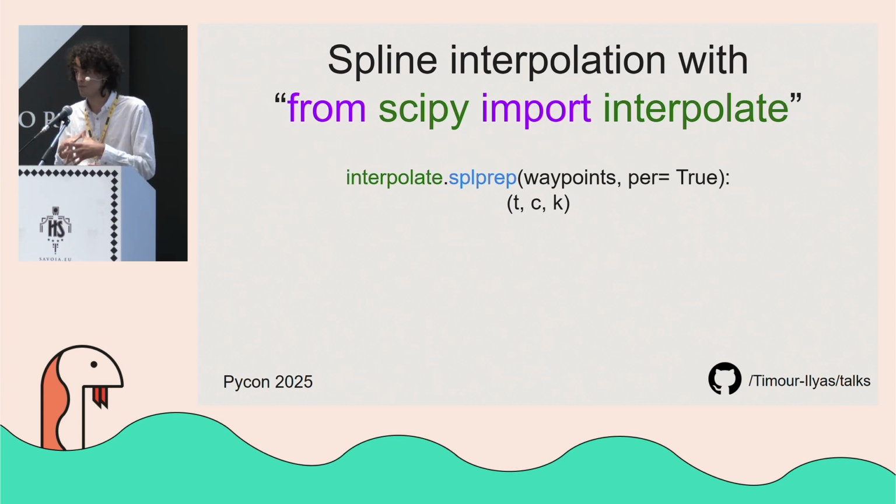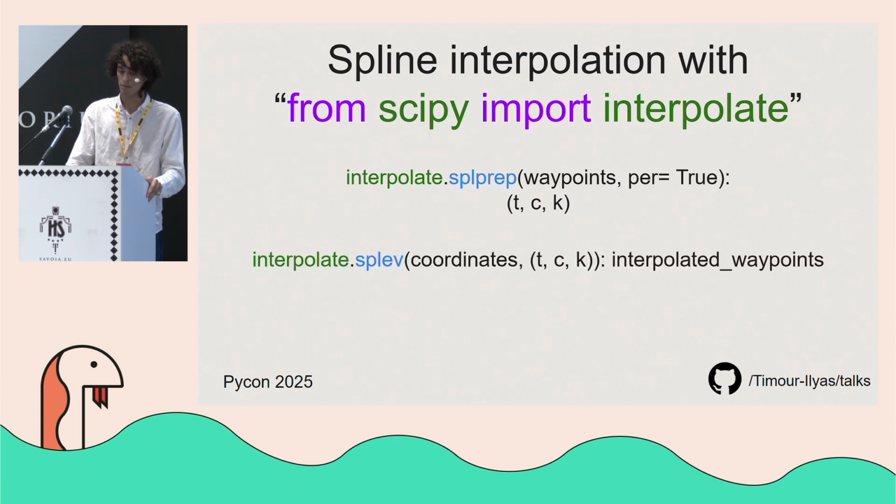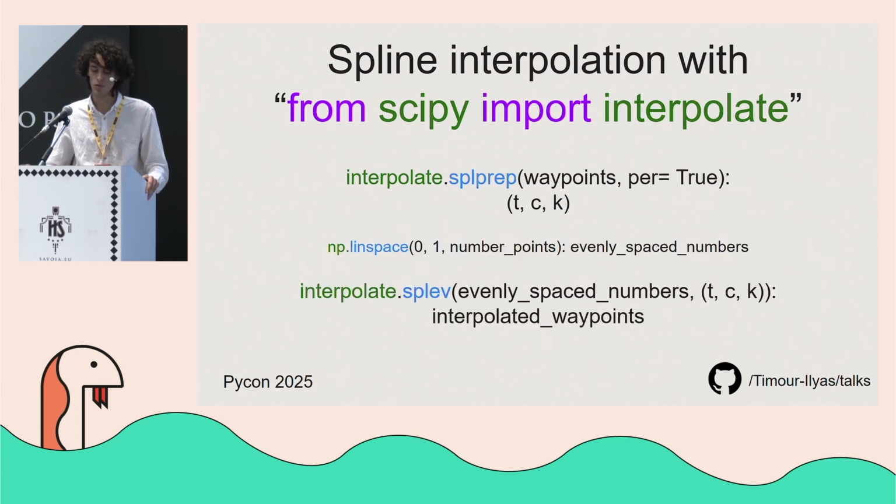So it's like an equation, but represented as a parametric function. Then we want to evaluate this function at some coordinates, and to have the same number of points between each waypoint, we can just use numpy linspace for having, for example, 100 waypoints between each two main draft waypoints.